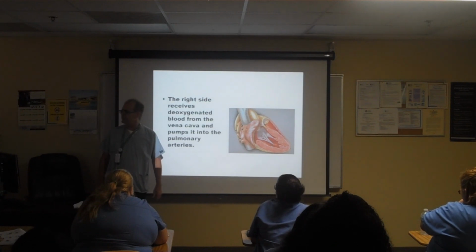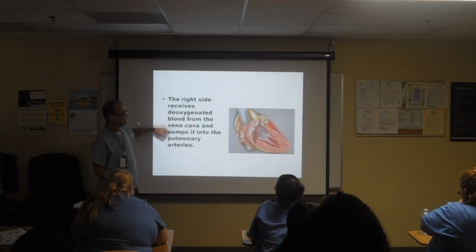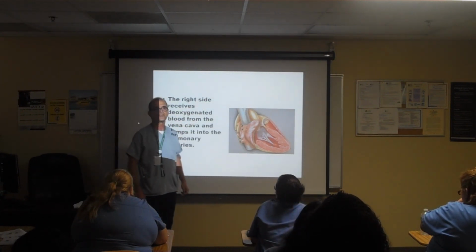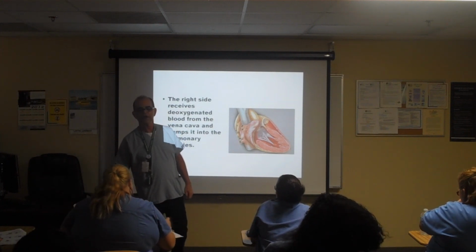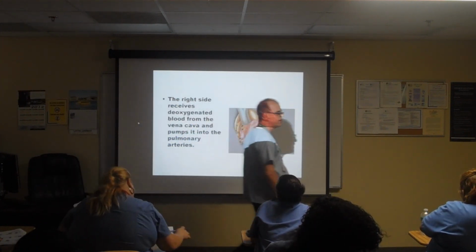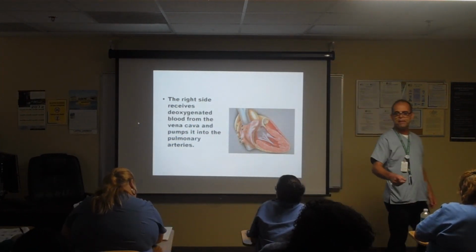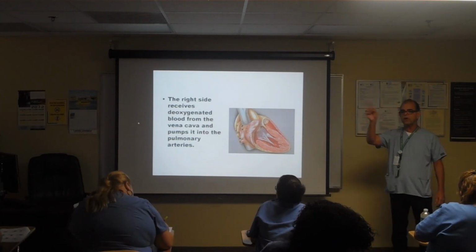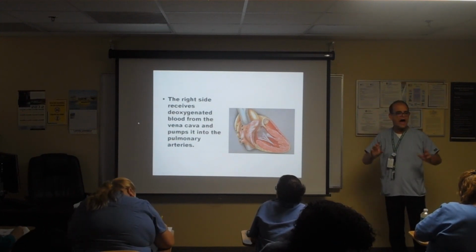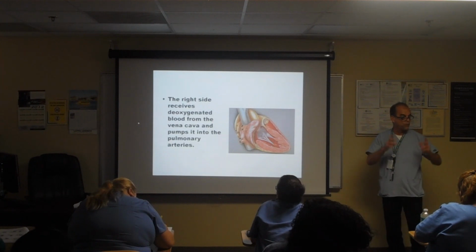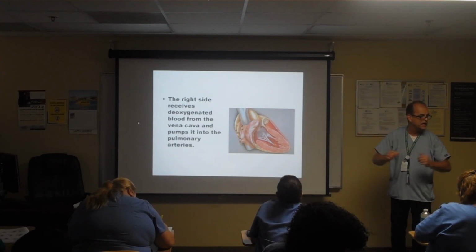The right side, this is very important, the right side has deoxygenated blood. Right side, deoxygenated blood. Remember, an artery is not defined by having oxygenated blood. An artery is because the blood flows from the heart outside.